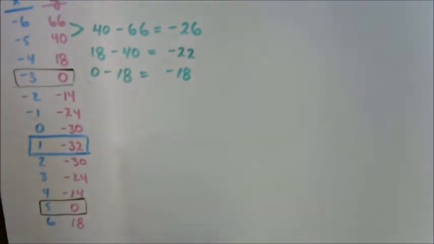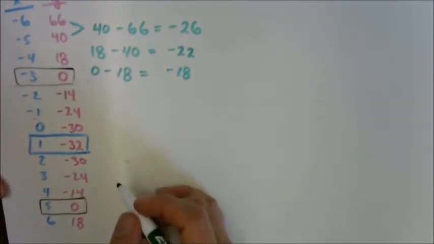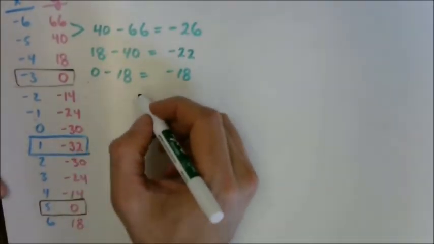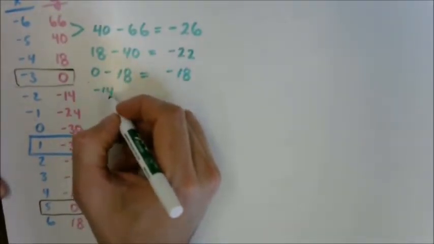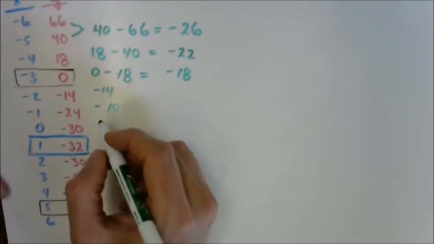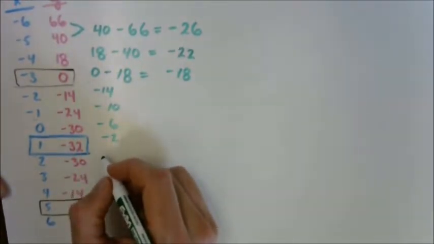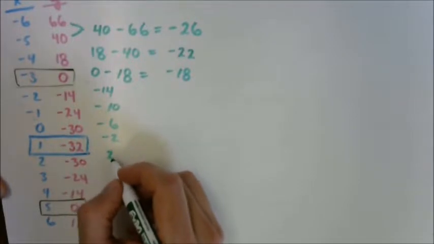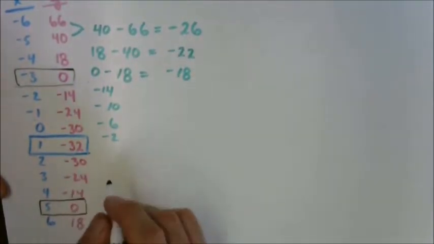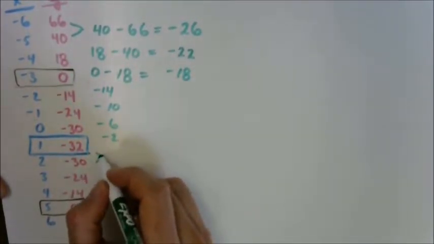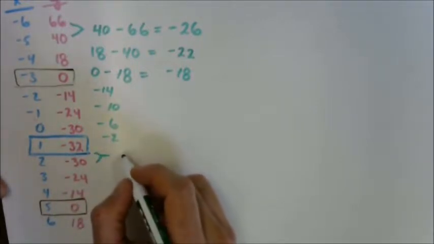Go ahead and work yourself down the list without looking. When you get down to negative 30 and negative 32, just be careful.